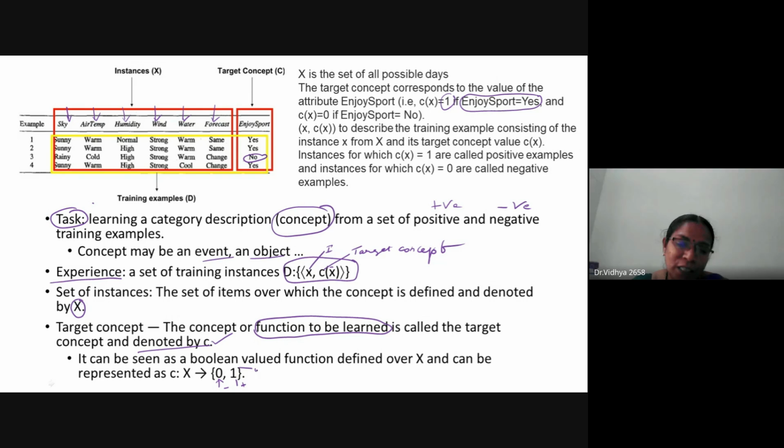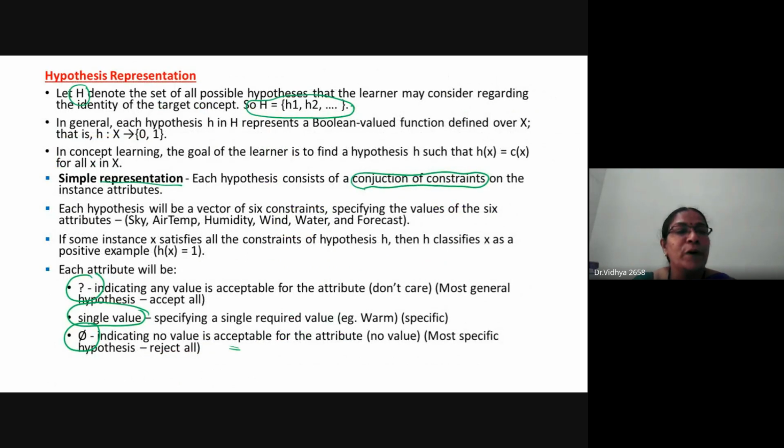So 1 means yes, 0 indicates no. We can see the target concept in this table itself. We have two different target concept values, that is the binary value: one is 0, another one is 1. 0 indicates no, and 1 means yes. This is the way concept learning is performed.